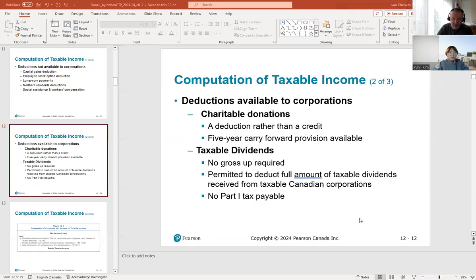So the difference between the deduction and credit is, when you have a deduction, you're deducting the entire amount, and you're getting a door-to-door effect. For example, let's say your income is $100. If you deduct $10, your income is going to be $90 now.